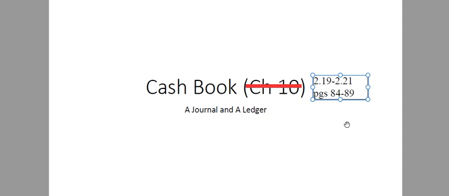After you have identified the source document, then you enter it in the relevant journal or book of prime entry. We have already done the 4 journals for the inventory movements: sales day book, purchase day book, sales returns day book, and the purchase returns day book. And the documents were the invoices, the debit notes and the credit notes.